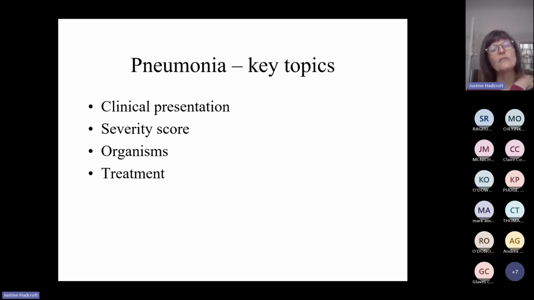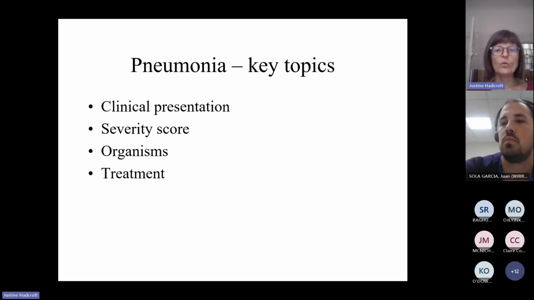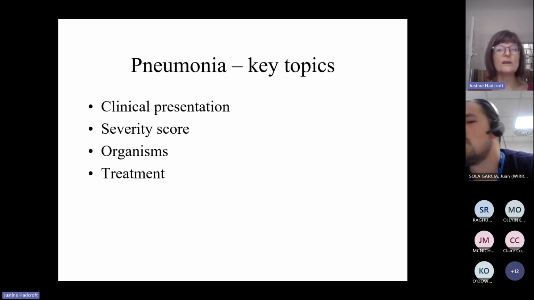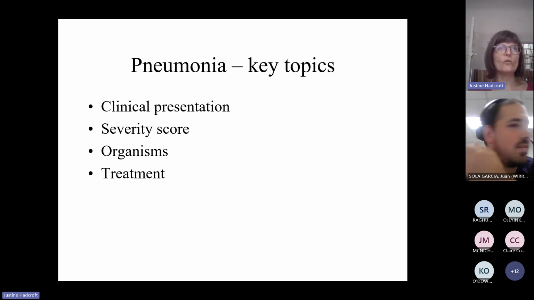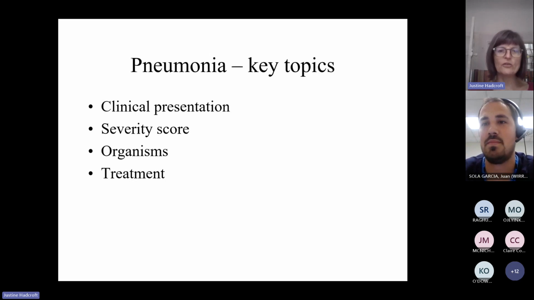I'll talk about severity scoring, which is really important because severity scoring not only predicts mortality, but also will determine which antibiotics are most appropriate to have. I'll talk about organisms that cause pneumonia, and we know nationally what the most likely organisms are for pneumonia.